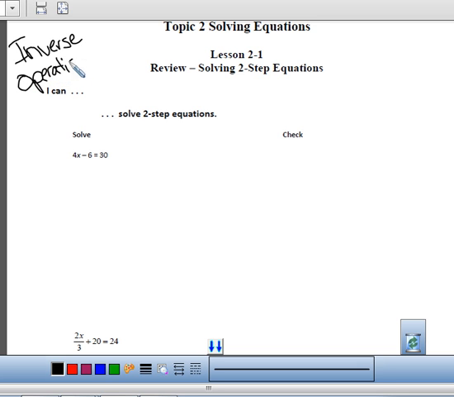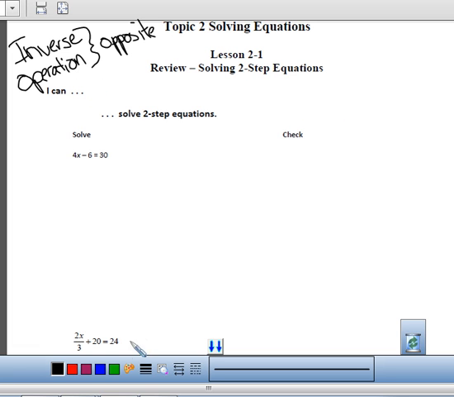What that means, and I'm sure you guessed it already, is that we're going to do the opposite of what's happening. And obviously in math, every time you hear me say inverse, you're supposed to say opposite anyway.